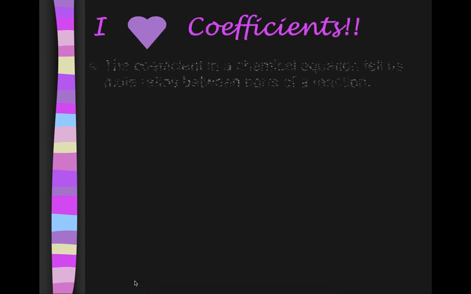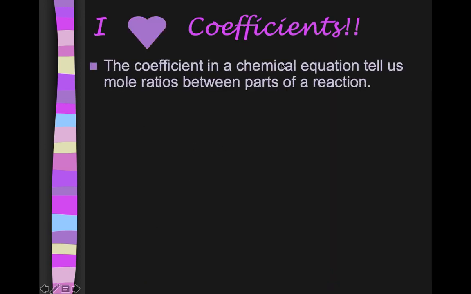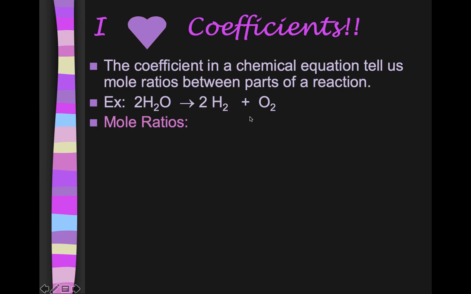All right, coefficients. The coefficient in a chemical equation tells us mole ratios between the parts of a reaction. So, for example, in this balanced equation, 2 water produces 2 hydrogen molecules plus 1 oxygen molecule. The mole ratios are comparing the coefficients to any other coefficient in the balanced equation.